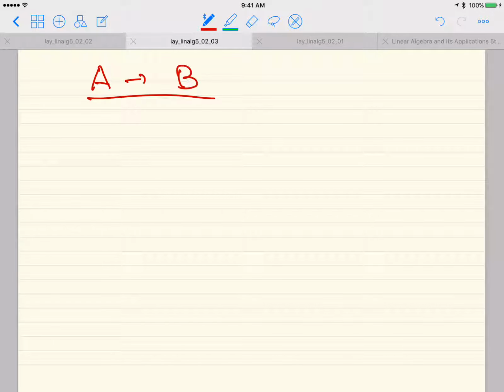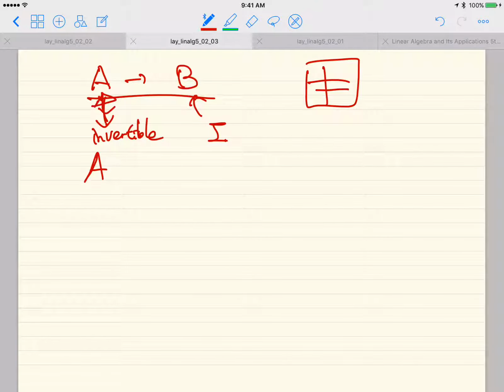But let's suppose all the elements that satisfy this A. So for example, A is invertible, and then this guy has, like, the reduced echelon form of A being an identity matrix. Okay, so consider these two statements, and then we can imagine the set of all the possible matrices A. Let's just simplify the situation where our matrix A is a 3 by 3.